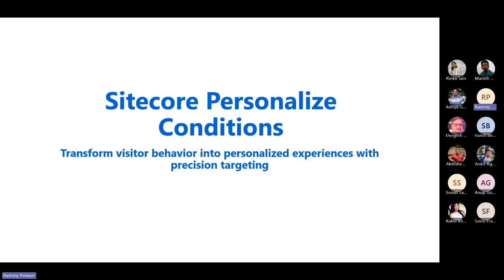Conditions gives us that power to recreate the rules engine and give that flexibility in the SaaS product as well. In my recent projects, I've had the chance to use this, and I wanted to share my experiences with creating custom conditions and the likes.